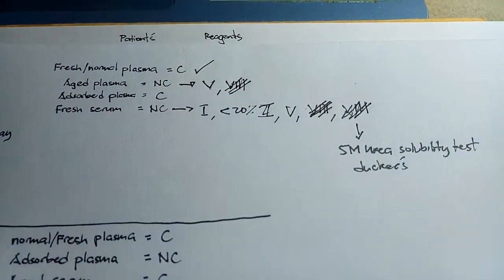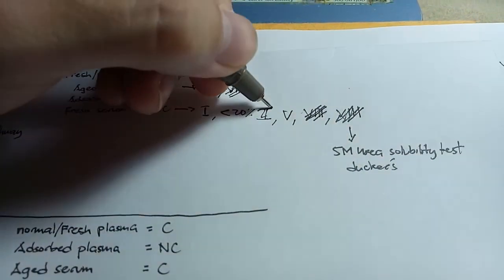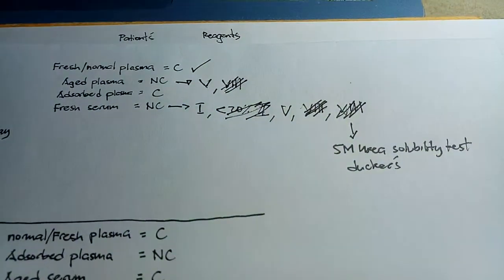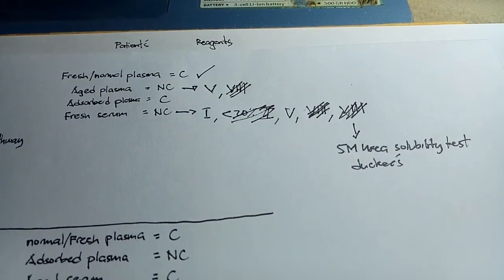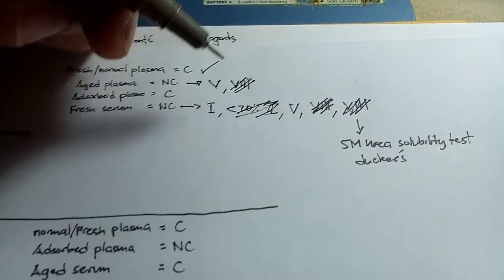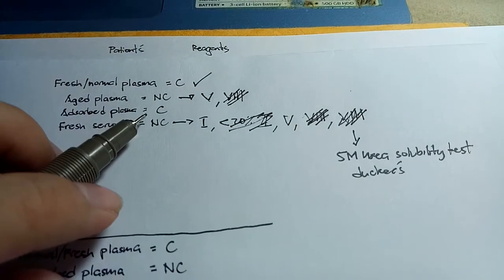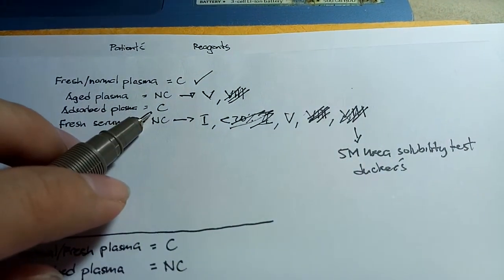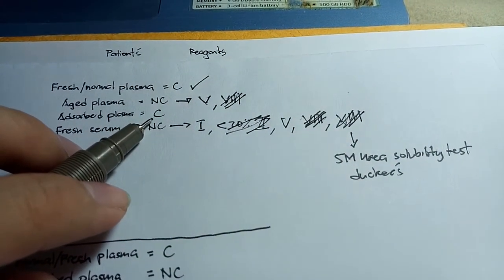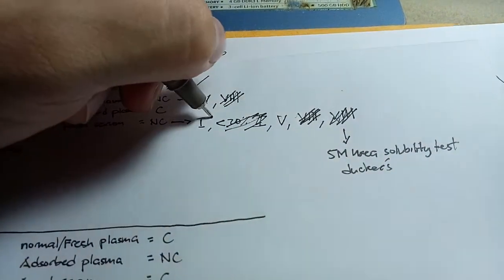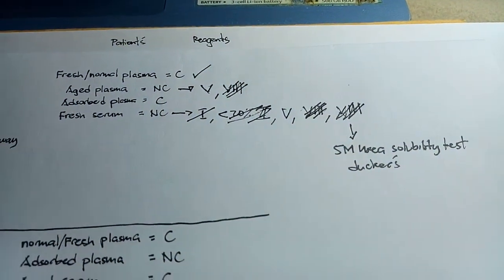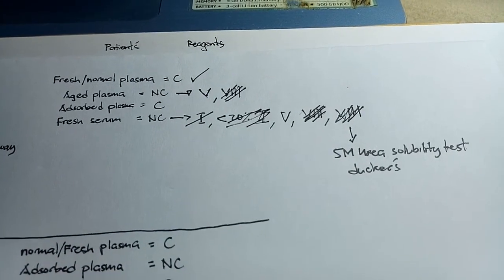Okay, so next, hindi naman pwedeng factor 2 kasi factor 2 is present pa siya, 'di ba? I mean, kung wala ang factor 2, edi sana yung adsorbed plasma not corrected din, 'di ba? So hindi factor 2. Hindi rin pwedeng factor 1 kasi factor 1 is present.